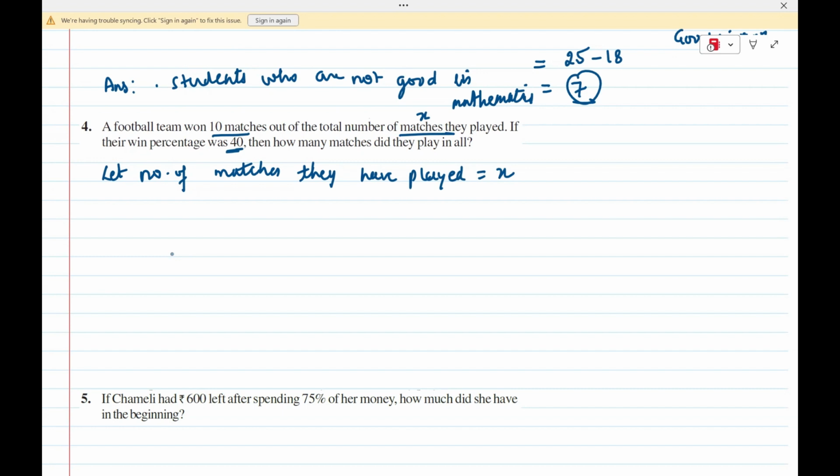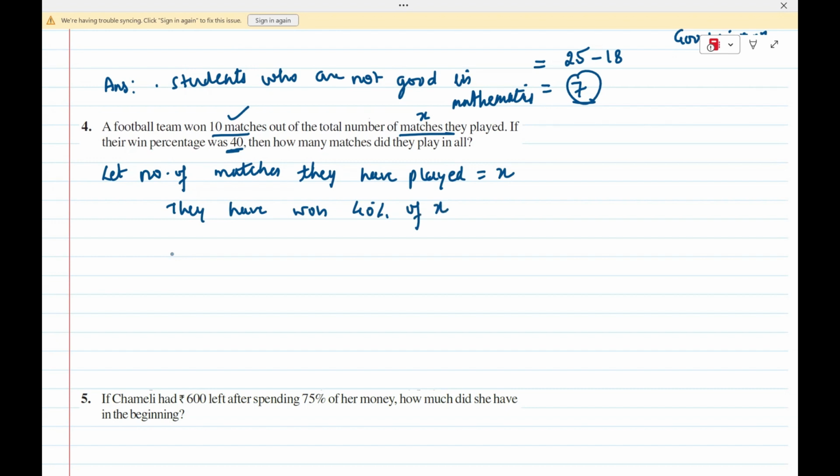Now a football team won 10 matches out of the total. So how many have they won? 10 matches, correct? If their win percentage was 40%, it means out of the matches they have played, they have won 40% of the total number of matches, correct?